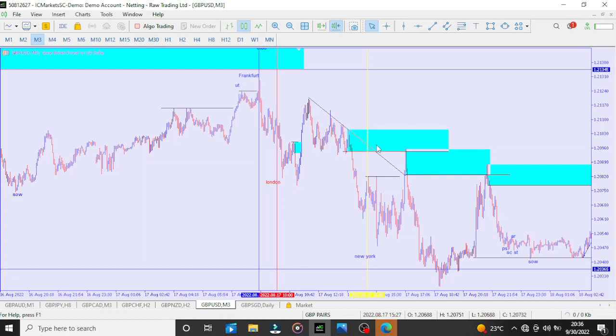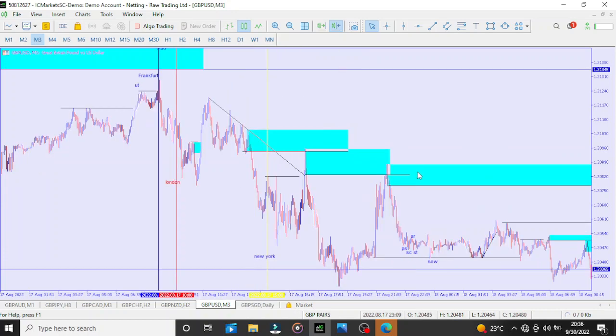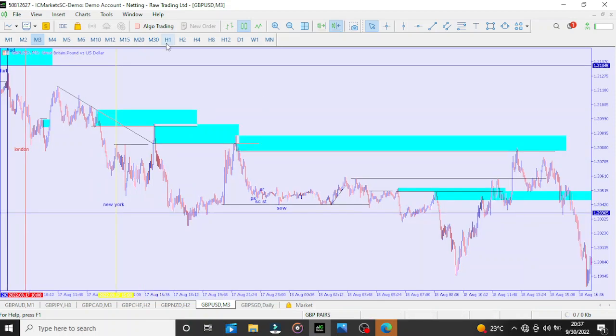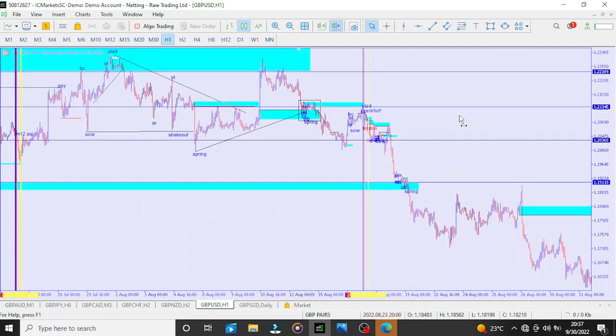My second trade, I missed that second trade. This one I just did the analysis, but it was a nice one. So let's get to my take profit.